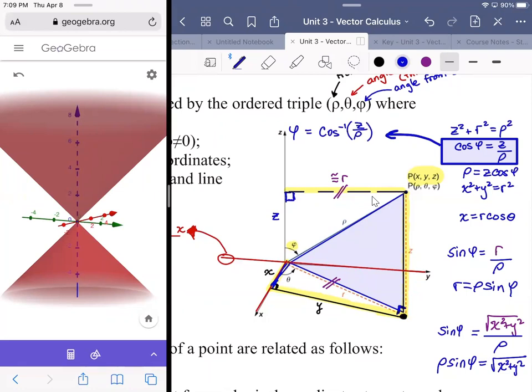But since we know, based off of substitutions of some earlier relationships, like for example x squared plus y squared is equal to r squared, we know that rho squared is equal to x squared plus y squared plus z squared, which in turn means that rho itself is equal to the square root of x squared plus y squared plus z squared.